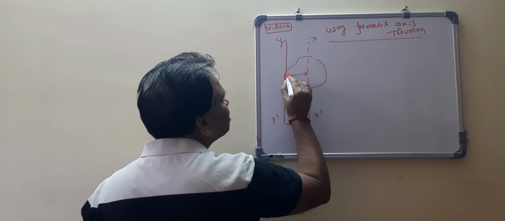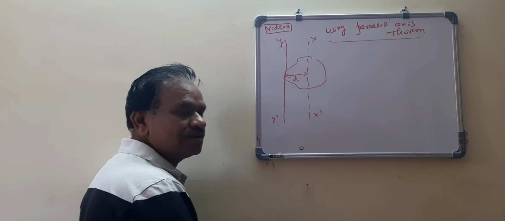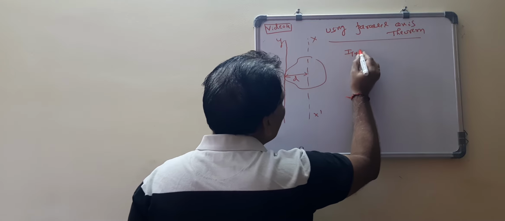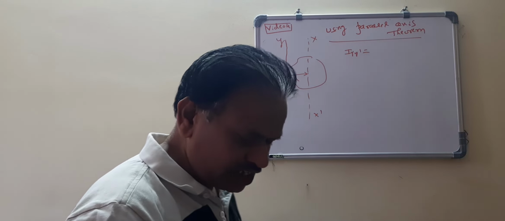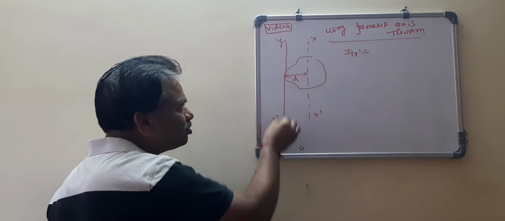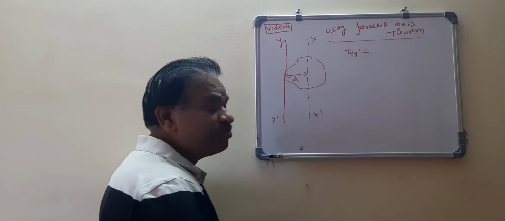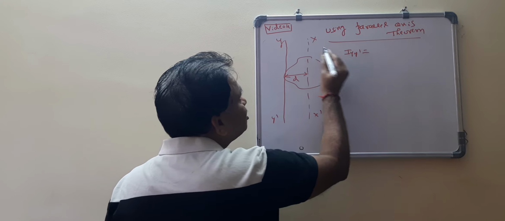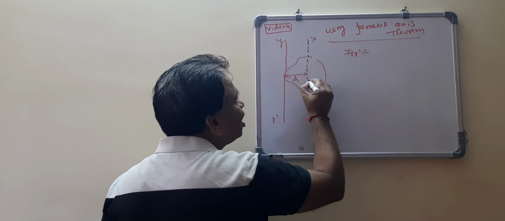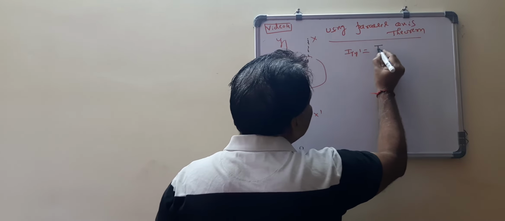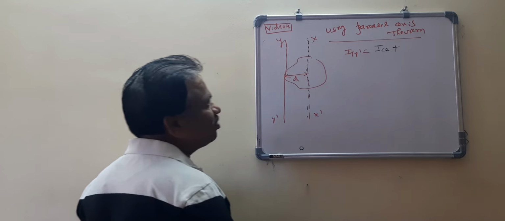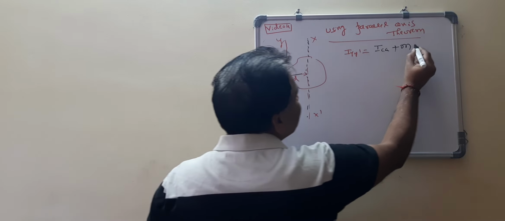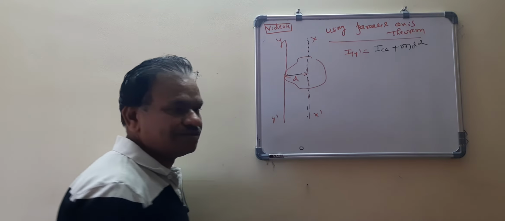This distance I will call D. Moment of inertia about y dash: you want to calculate about this axis. This and this are parallel, and D is the perpendicular distance. You know that this is equal to the moment of inertia about an axis passing through its center of gravity plus the mass of the object into the square of the distance between the two axes.